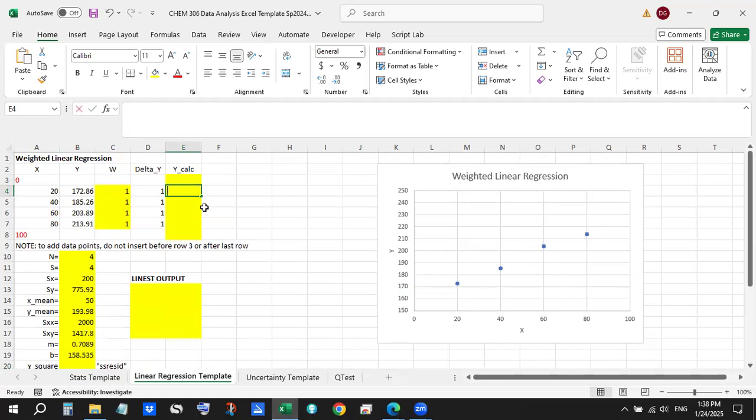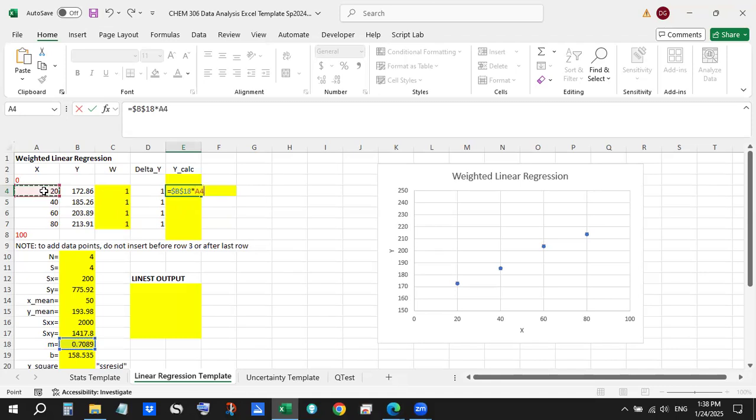So the calculated y value would be equal to m, and we're going to make that absolute, $18, so we can copy that down, times x, which is this one, plus b, which is this one. Y equals mx plus b. Our b has to be an absolute reference to that cell B19, so we can make a copy.